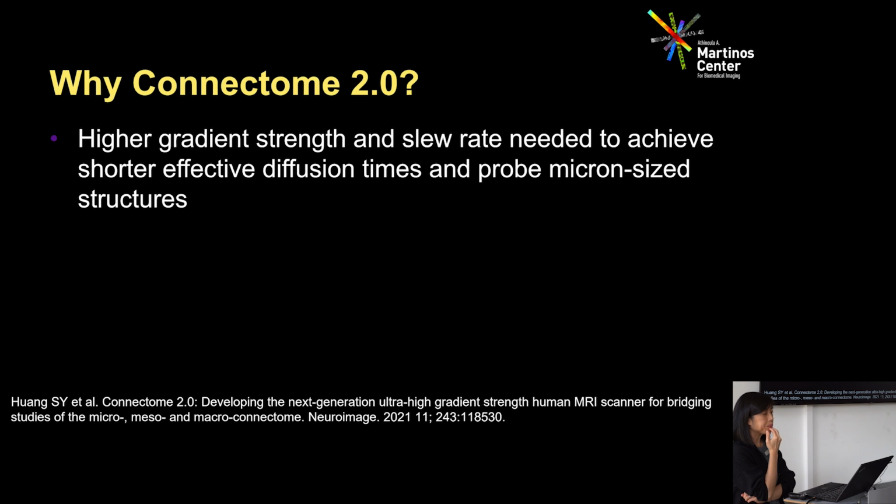And so what we, and actually others, have found is that these strong gradients sensitize us to some measure of axonal diameter, but more toward the larger diameter axons within this distribution in the human brain. And so this was one of the most important drivers of our effort to go to a next generation connectome.